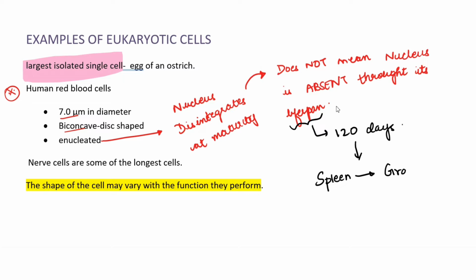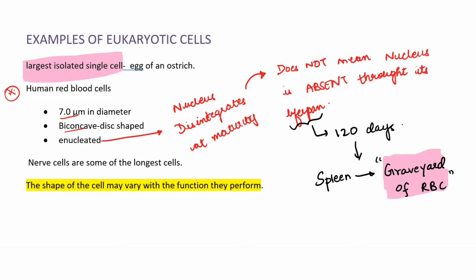Okay, this is something extra which you'll learn little later. But remember, present in NCERT, so wherever there are relevant topics, I'm trying to connect all the points from your NEET syllabus. So whenever I say RBC, all these terms, biconcave, disc shaped, enucleated, all these should come to your mind. Okay. Next, nerve cell is again a eukaryotic cell.